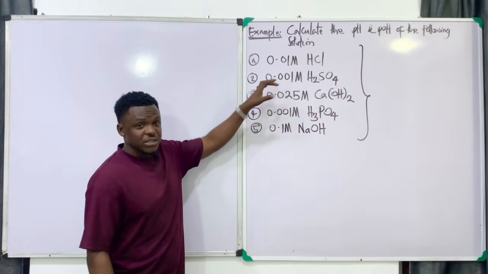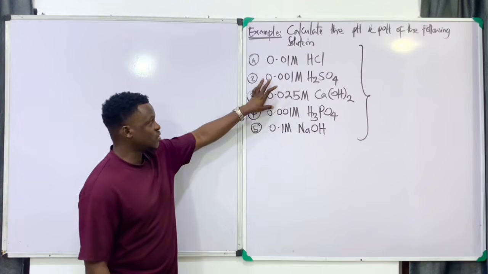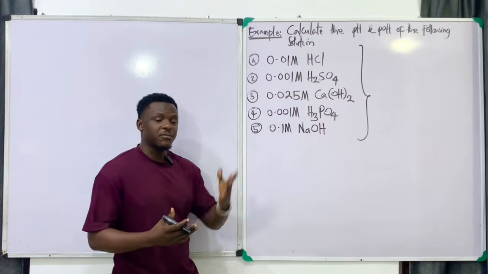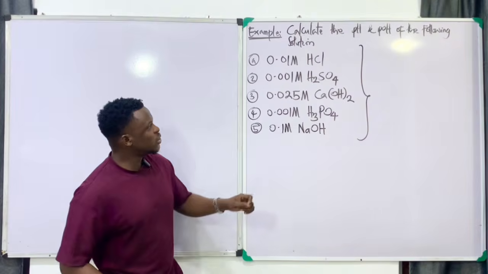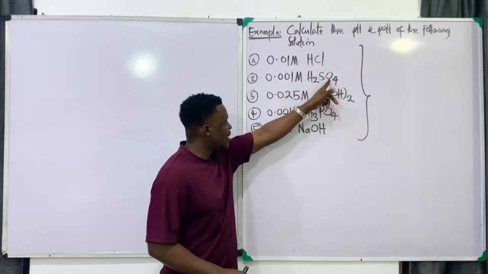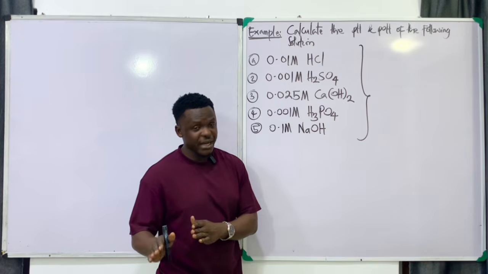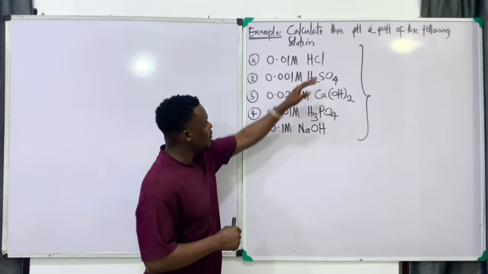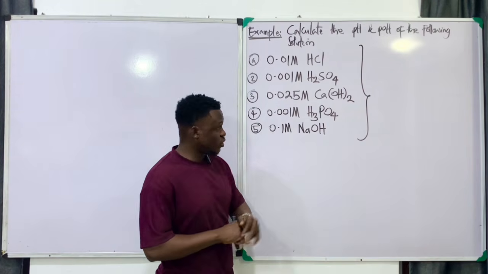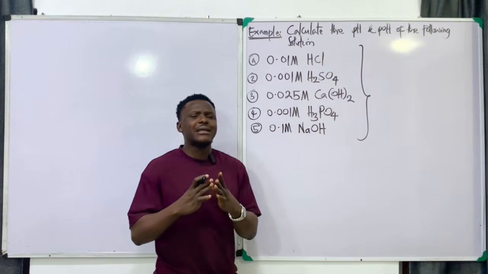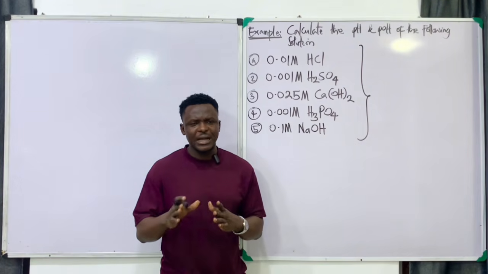If you look at these questions here, they are somewhat different from the one we did in case 1. This one has acids attached to them, unlike the previous one where they just gave us H plus or OH minus. Now, all of these are strong acids. How would I differentiate a strong acid from a weak acid?